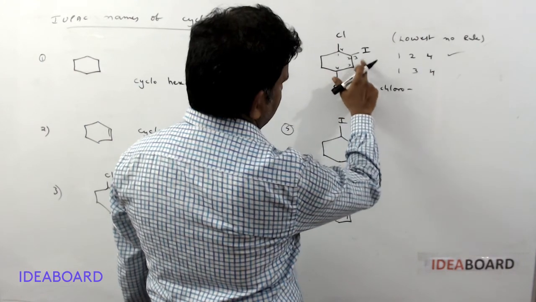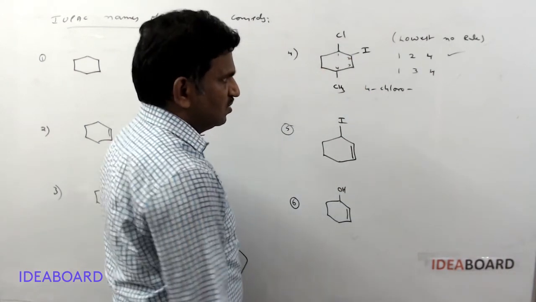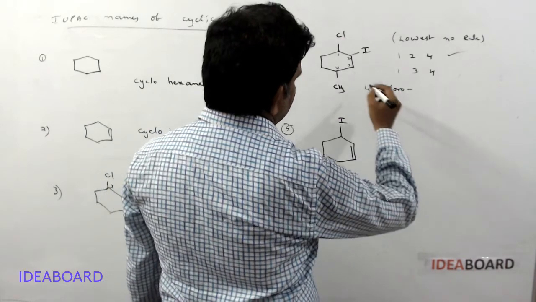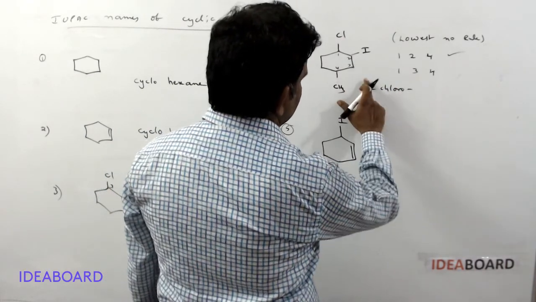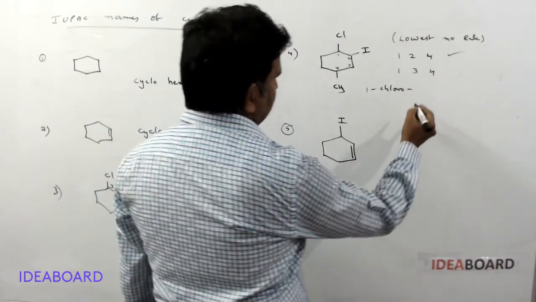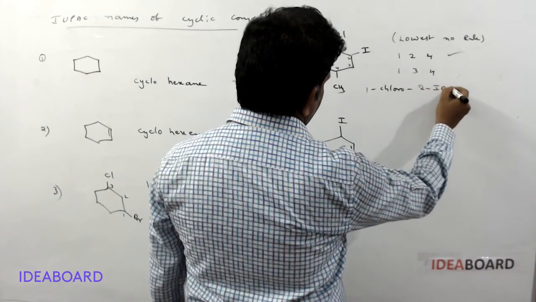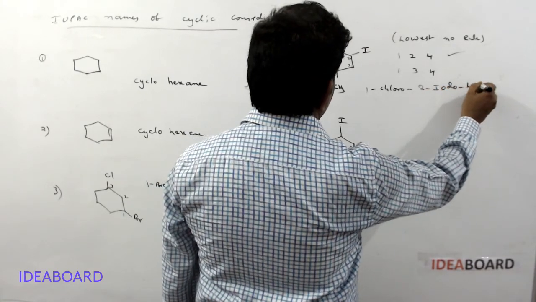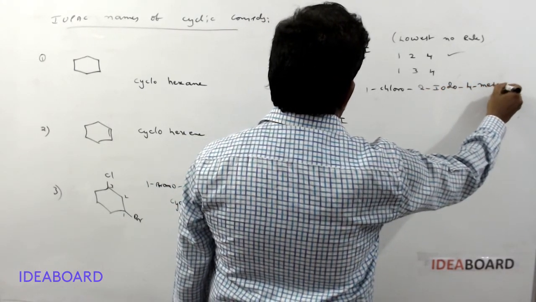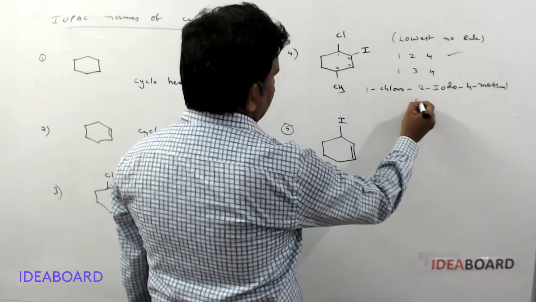So this is wrong, and remove this, and then this is the correct order: 4-chloro, and next, 1-chloro, 2-iodo, and 4-methyl, and next, cyclohexane.